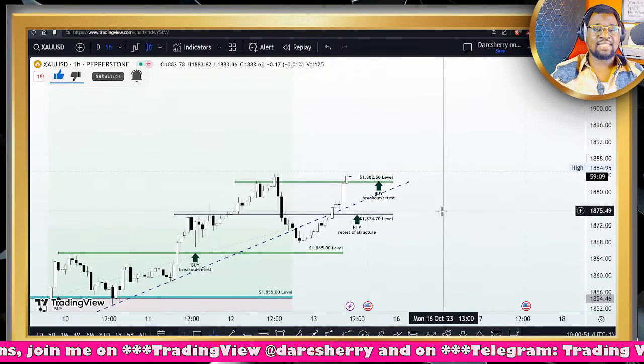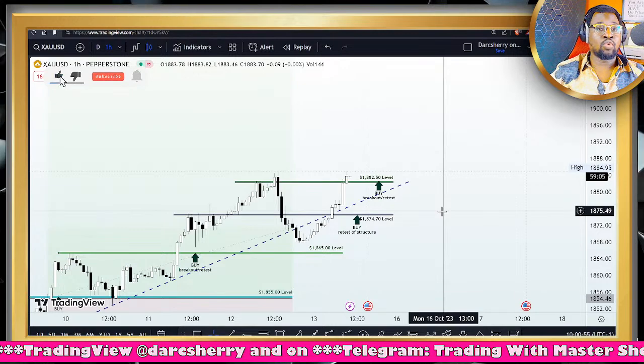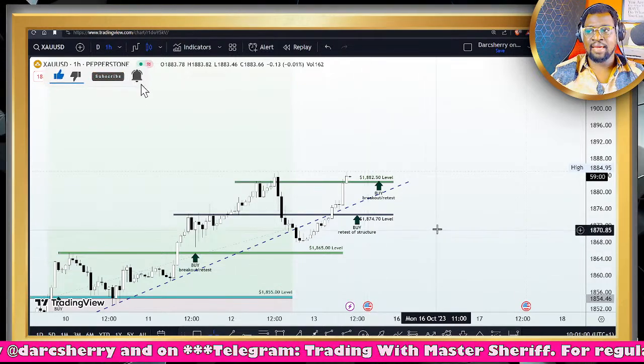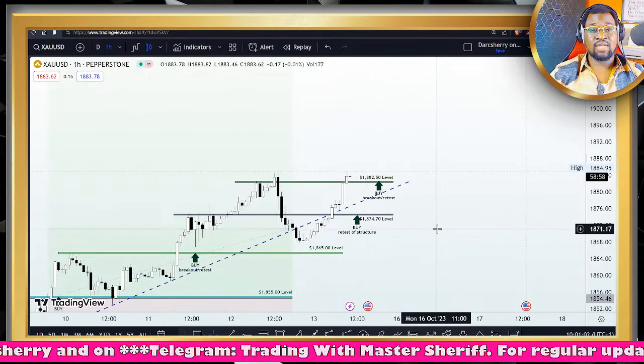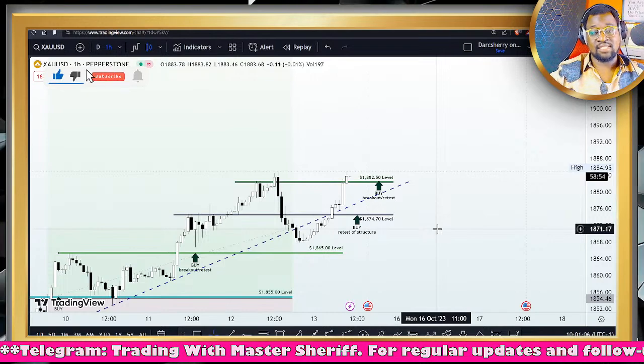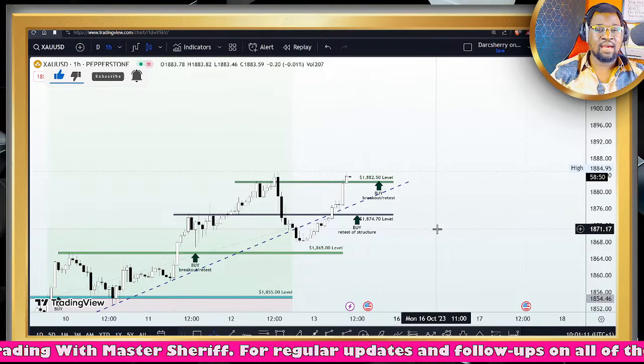So right now price is back above our ascending trend line, and in that regard we'll continue to hold on to a bullish idea in this market. And remember, we talked about how the crisis in the Middle East, that is the Israel-Hamas situation which is going on right now, has a tendency of influencing these assets.